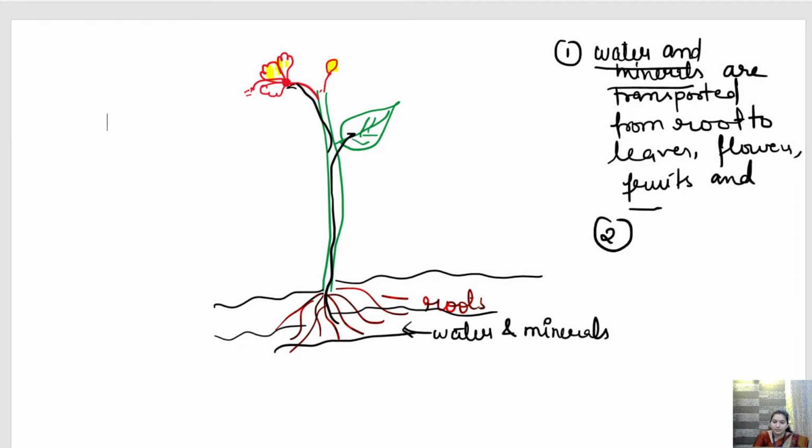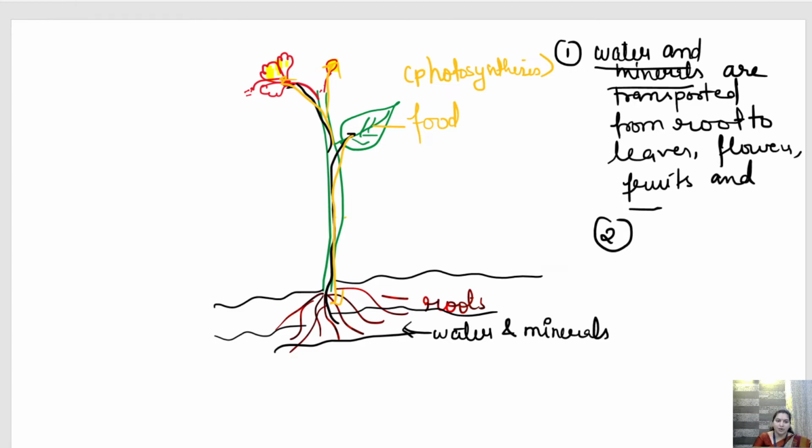Second, food is prepared. Where is food prepared, children? In plants, food is prepared in the leaves. Yes, here the food is prepared by the leaf by the process called photosynthesis. So from the leaf, the food will go to the root, to the flowers, to the entire body with the help of the stem.